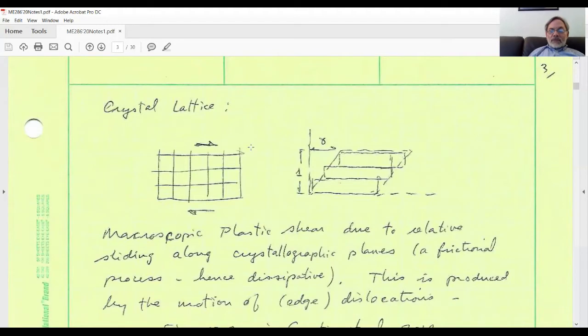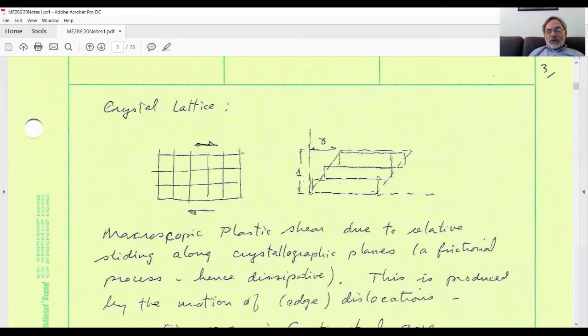The basic mechanism of plasticity, if you prescribe shear displacements or shear stresses as indicated here, is the sliding of one plane of atoms over the next plane, like so.